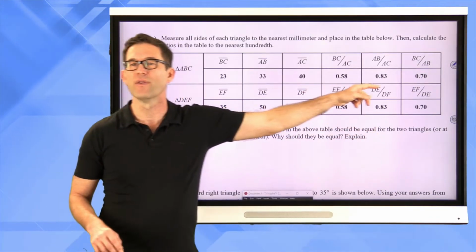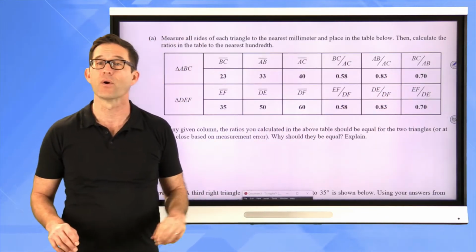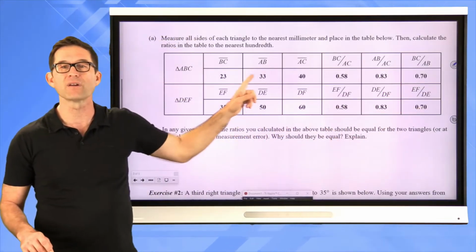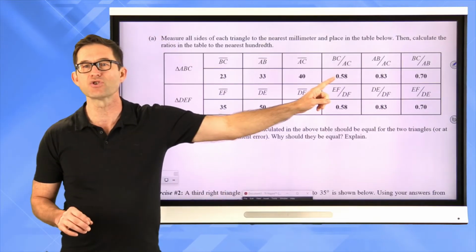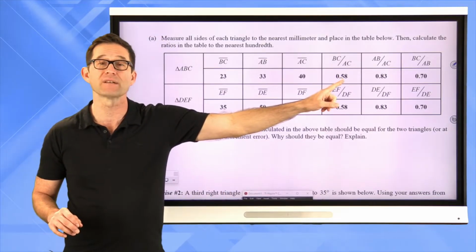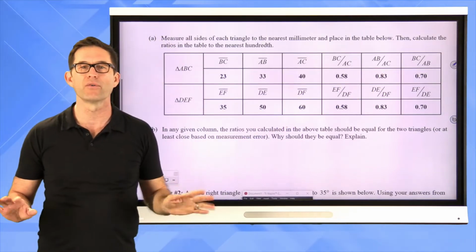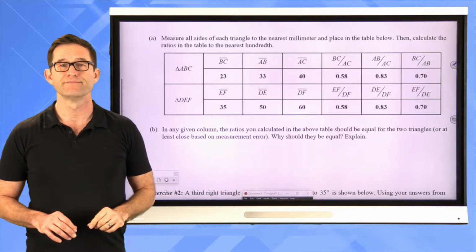And finally, when I do that last ratio, I get 0.70 and 0.70. And again, your values here could be a little bit different based on what your measurements were, but they should be very close. This should probably be somewhere between 0.56 and 0.60, so if you're plus or minus 0.02, you're probably fine. Now let's take a look at letter B.